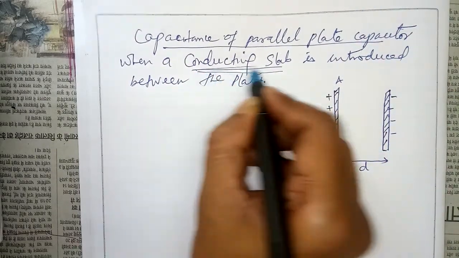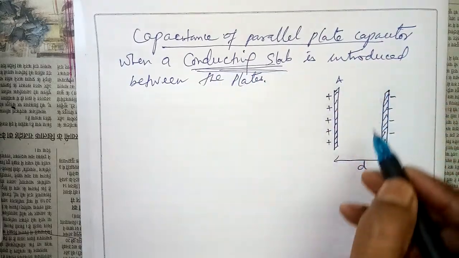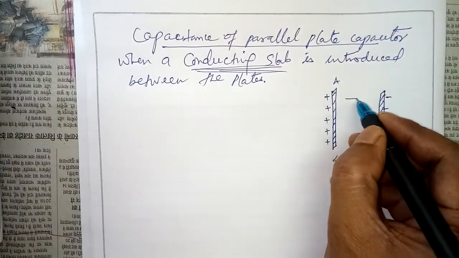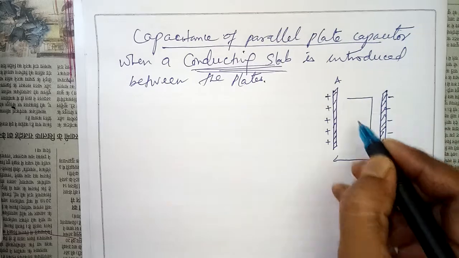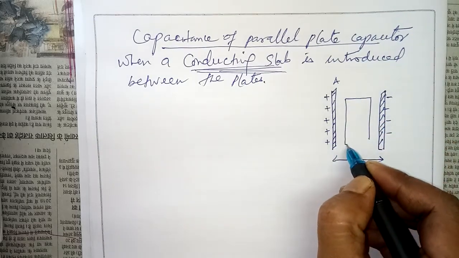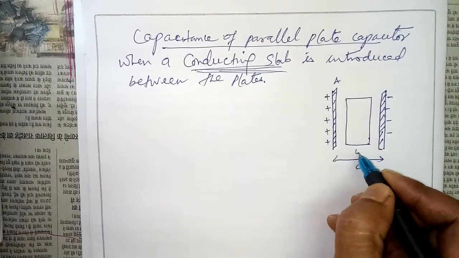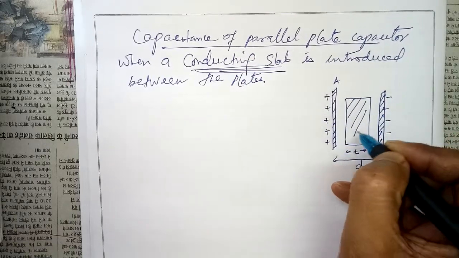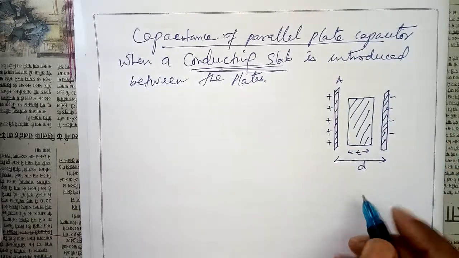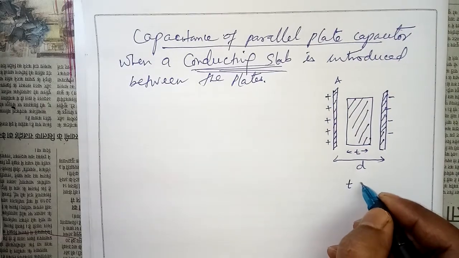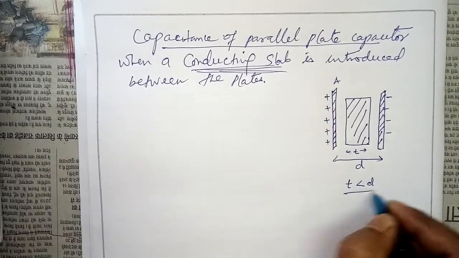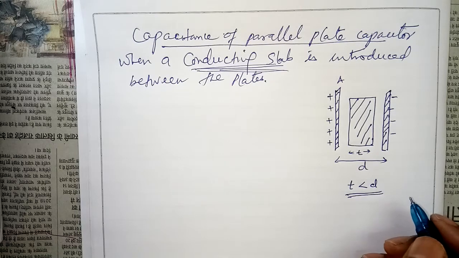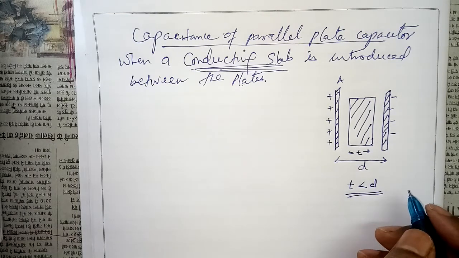So as per the topic, we need to introduce a conducting slab between the plates of the capacitor. So we introduce a conducting slab, say of thickness T, such that this thickness should be less than the separation between the two plates.